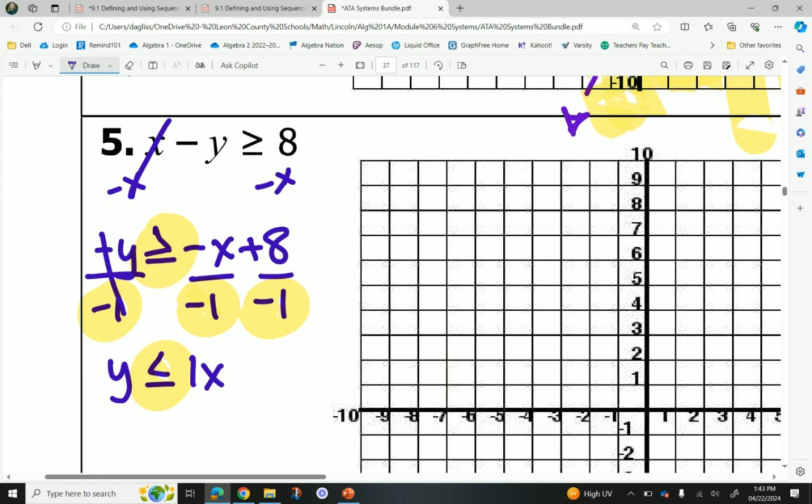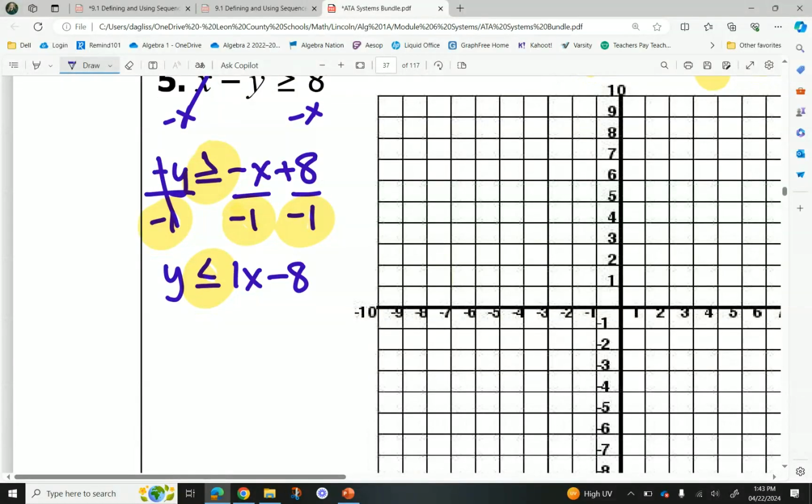And then 8 over -1 gives me -8. Time to make decisions. Will my line be dashed or solid? My line this time is solid. Are we going to shade above or below it? We are below this time.